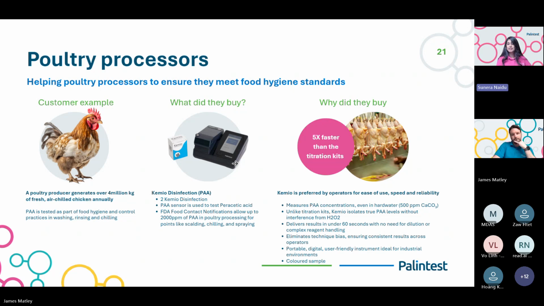You can ensure consistency in how the operators perform the test. The chemio is also portable, so you can easily carry it onto your site. It's digital, it's user-friendly, and the instrument, due to its IP67 rating, is very ideal for all these industrial processes and environments. Chemio also works with colored samples, and essentially that holistically is why this particular poultry processor went with chemio.